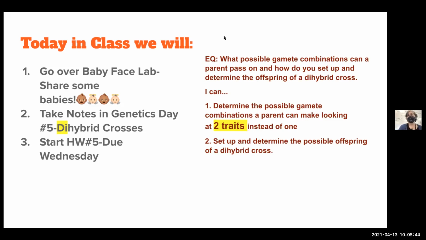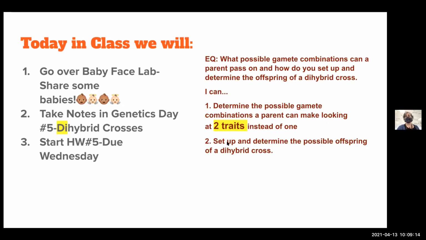All right, we have an essential question today that we're going to try to answer. What possible gamete combinations can a parent pass on, and how do you set up and determine the offspring of a dihybrid cross? This should be a question mark here at the end of it. And hopefully after your homework and after the notes today, you'll be able to say, I can determine the possible gamete combination a parent can make looking at 2 traits instead of just 1.